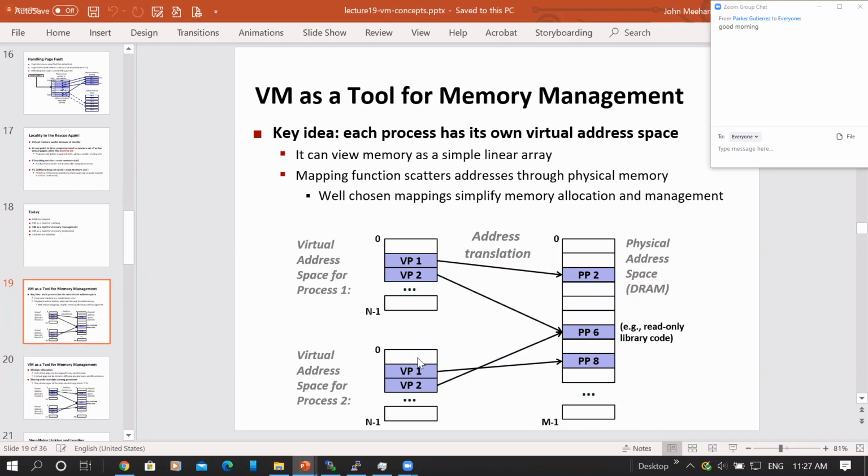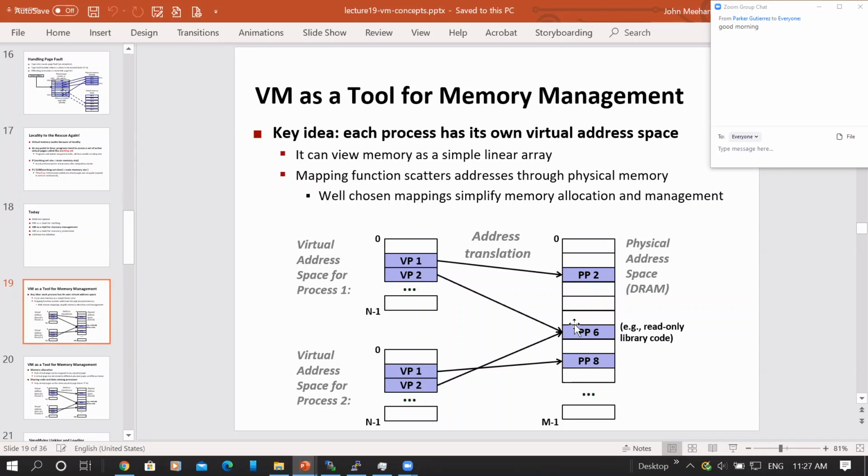And then this other process, they can put anywhere you want to put them in the physical memory, right? One of the interesting things you see here is that we could make entries in the page tables for the two different processes point to the same physical page if we wanted to.